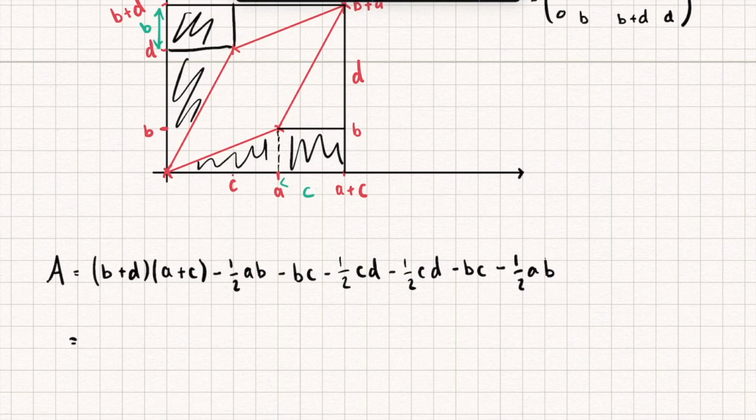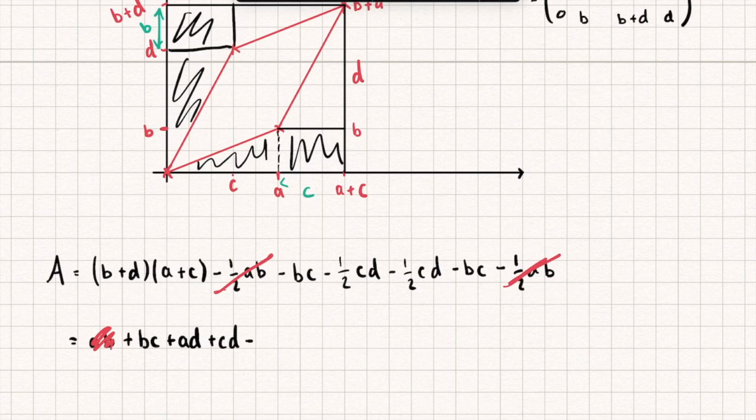So let's expand the brackets and see if it simplifies. So we're going to get BA, so we write that as AB, plus BC, plus AD, plus CD, minus, well, let's see if any of these terms simplify at all. We've got minus 1/2 AB here, minus 1/2 AB here. So that makes minus AB, and you'll notice that will cancel out with this AB here. Perfect.